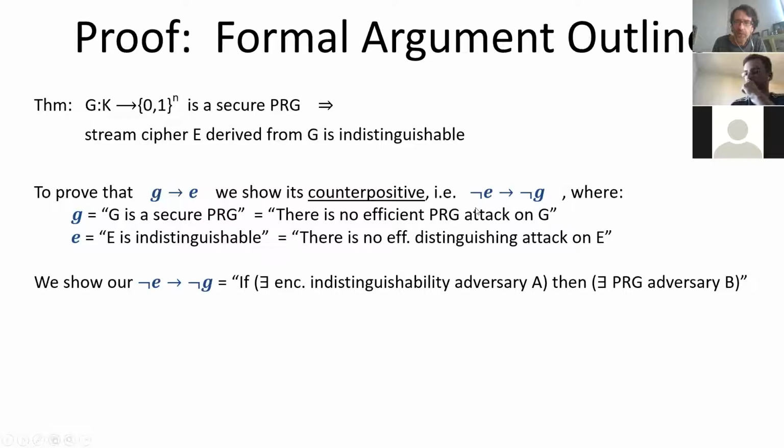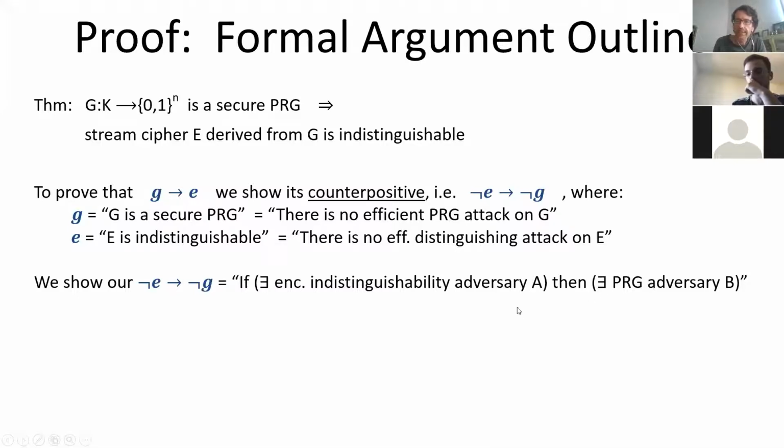So contrapositives have a nicer form, because negating that encryption is secure means that there exists an attacker on encryption, and negating this part means that there exists an attacker on a PRG.